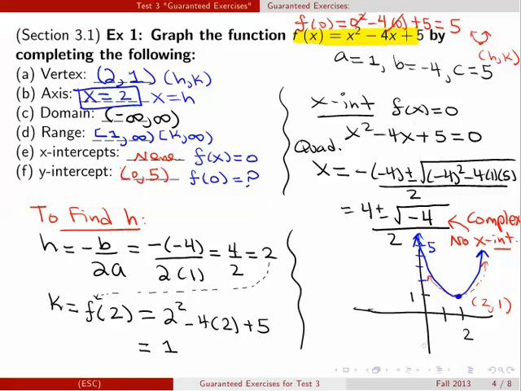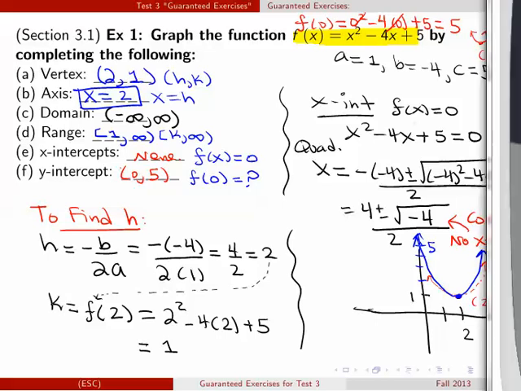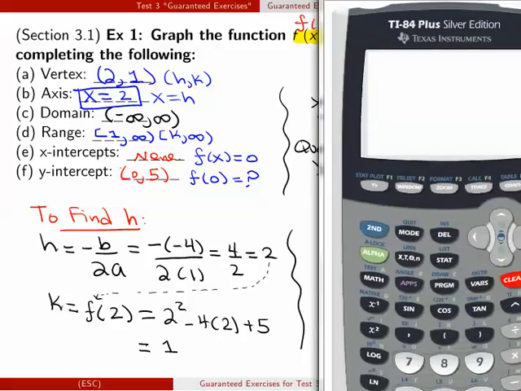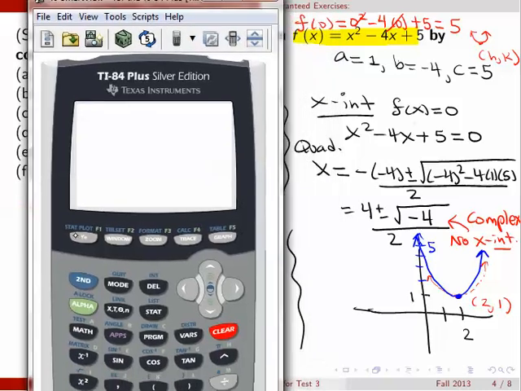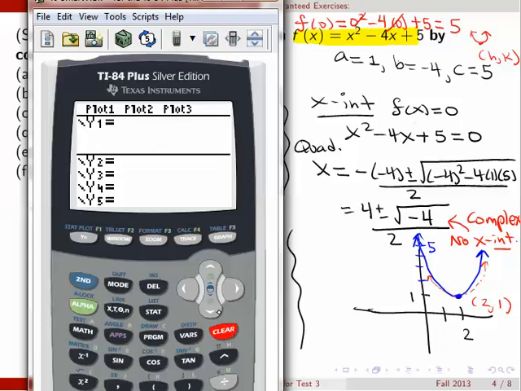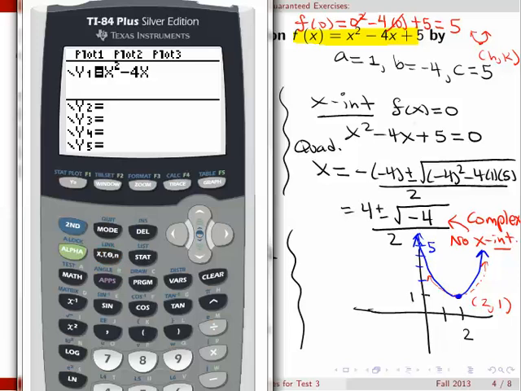Now quickly, let me show you how you will do this using the calculator. So using the calculator, you guys can go to y equals and then put x squared minus 4x plus 5, and when you guys click graph, you can see that this parabola has the right vertex.